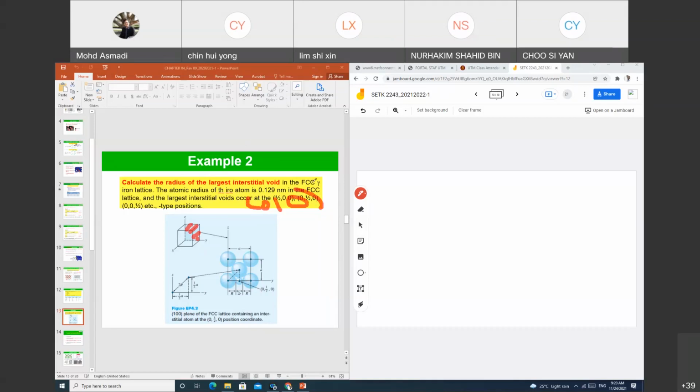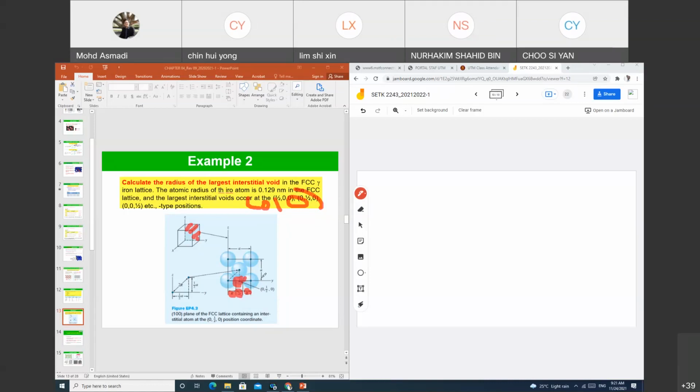If you look here, there is an interstitial here. So the radius is going to be R here. This is R, this is R, and this one is equal to R, because the diameter is for the solid.